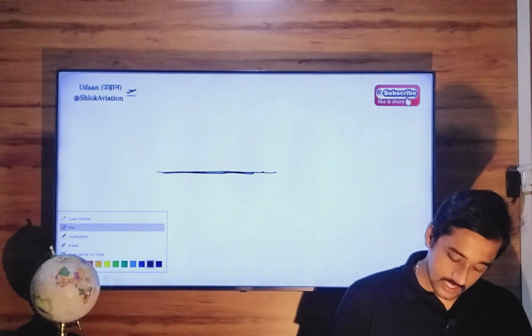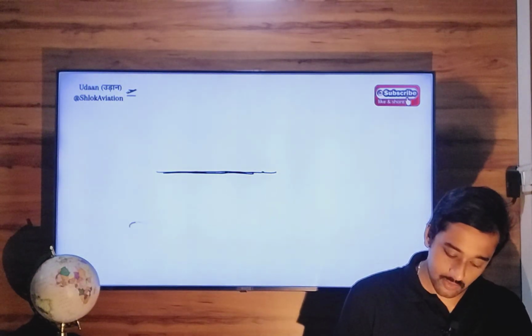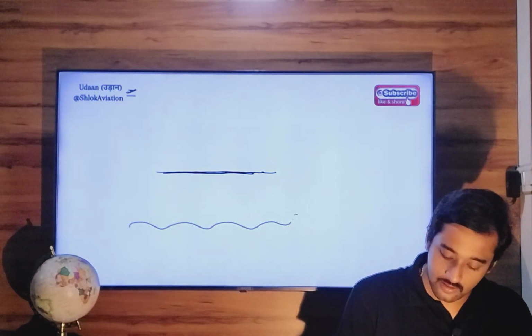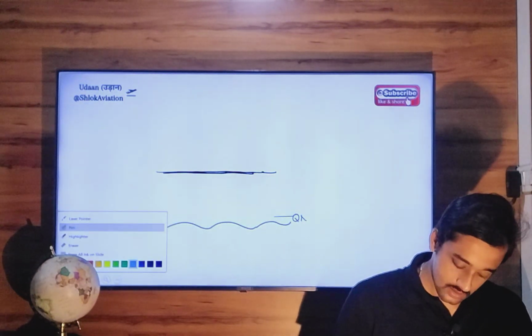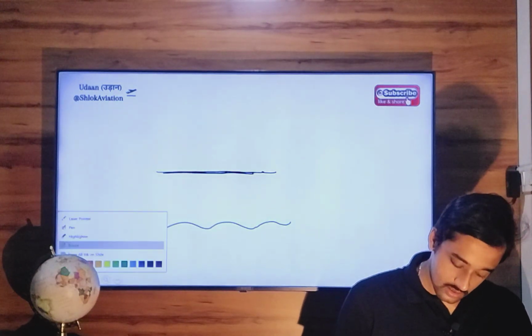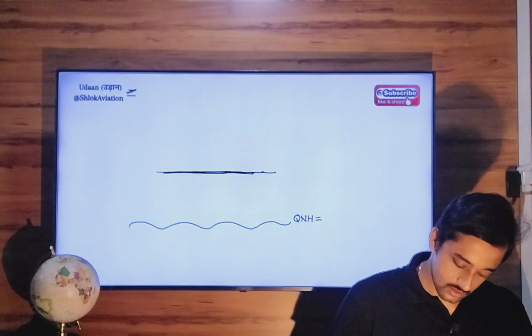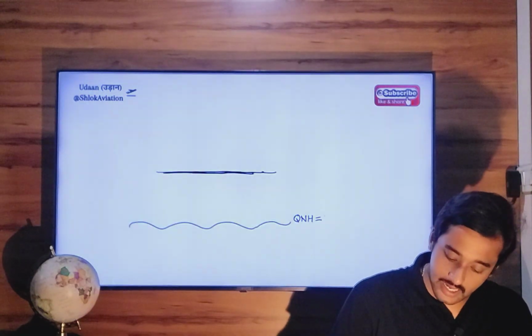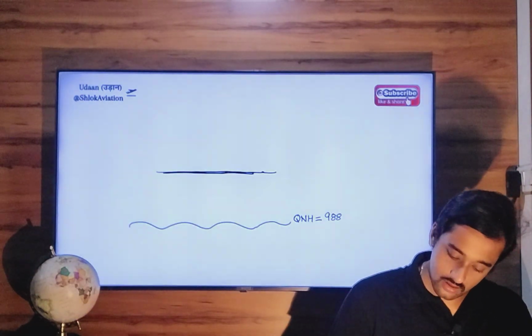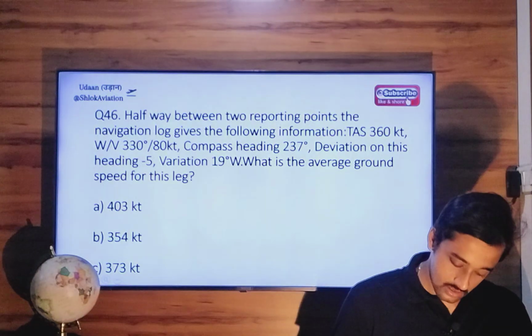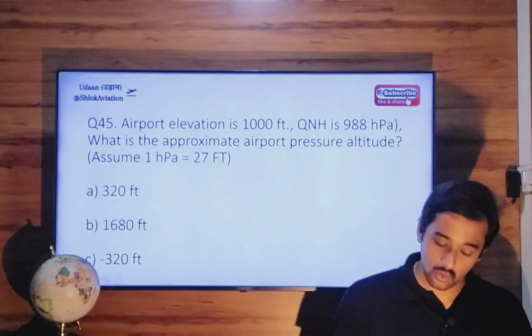The elevation of this airport is with respect to QNH, mean sea level. QNH is 988. Elevation is 1000 feet.